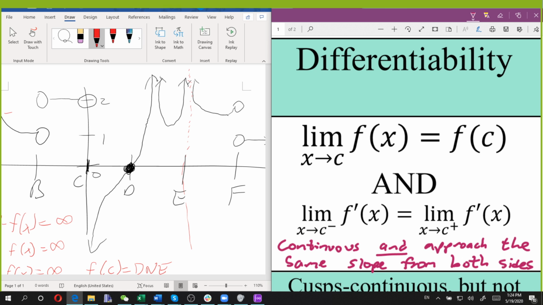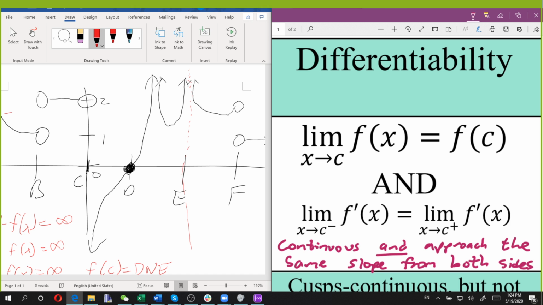At point C, am I continuous or not continuous? Okay, I think your microphone's cutting out because I can hear you saying something, but I'm not sure what. I'm going to grab someone else really quick. I'm sorry.